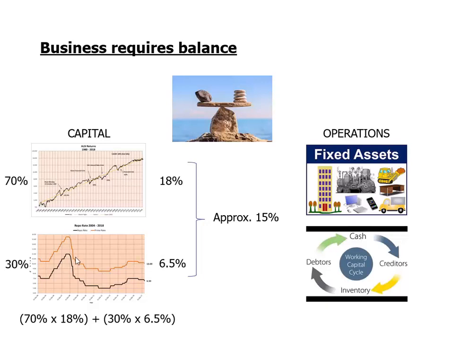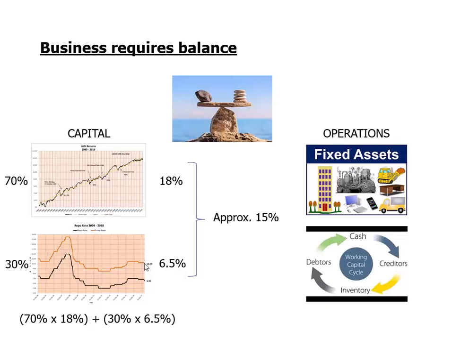Now, I'm assuming that for our business, we're going to use an optimal capital structure of 70% equity and 30% debt. I use the term optimal capital structure because we've got some equity and some debt, but not too much debt. Remember, debt brings interest expenses, which are fixed costs, which bring risk to the business.